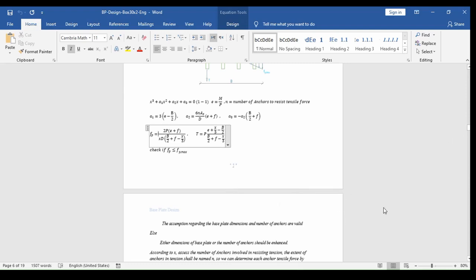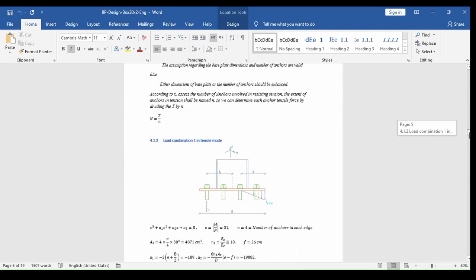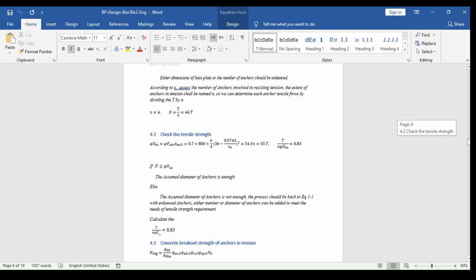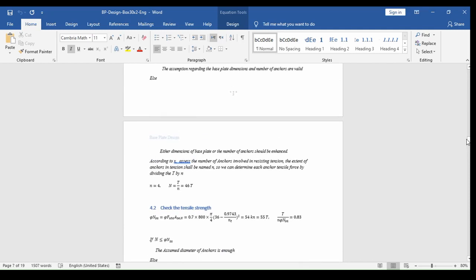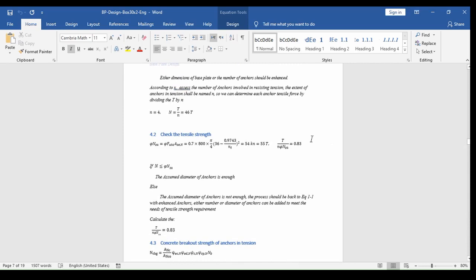After we analyze the base plate according to these equations, we can check the ACI requirements for anchorage to the concrete foundation, which is quite long and tricky. But the good news is that IDEA checks this part as well, for example tensile strength of the anchorage, and concrete breakout strength of anchorage in tension.